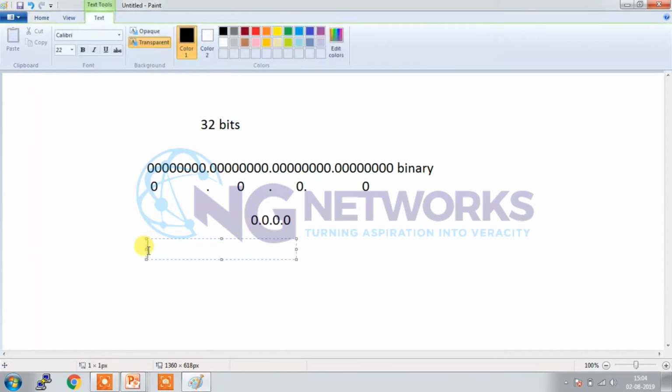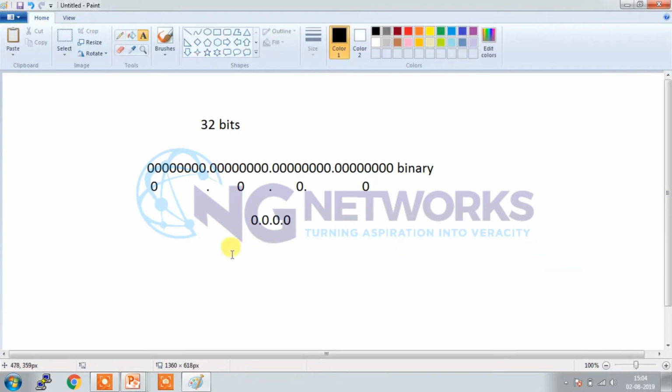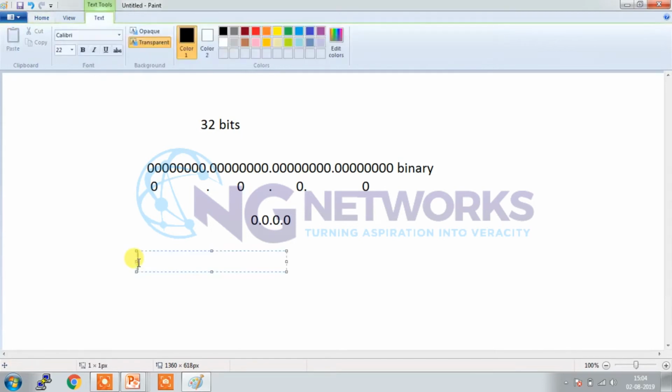So what is the maximum? Let's turn on all the bits, all 32 bits in the IP address. So first octet, second octet, third octet, and fourth octet.